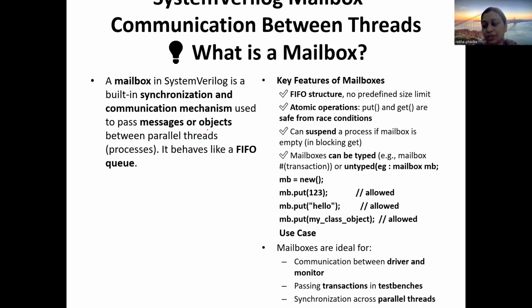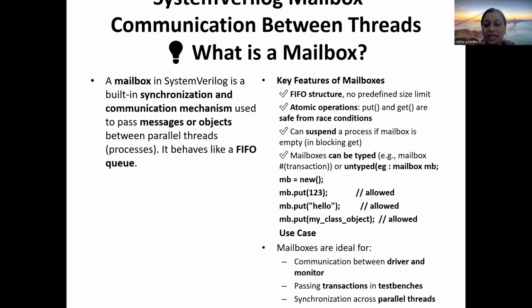Mailboxes can be typed. For example, you can have mailbox #(transaction). What does it mean? That mailbox is carrying data of type transaction, wherein transaction may be of type class. Or I can have an untyped mailbox. Example, I simply say mailbox MB.